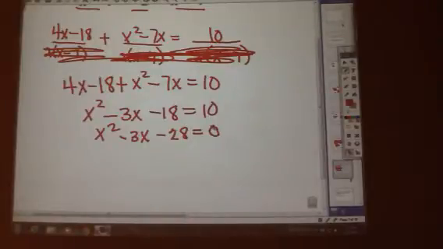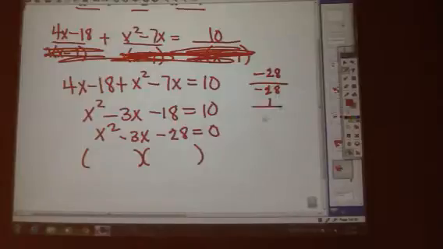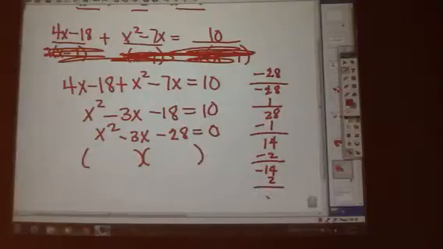I'm going to have to factor negative 28 to get my factors. I would find all the factors of negative 28, which will be negative 28 and positive 1. Positive 28 and negative 1. What else? 14 and negative 2. Negative 14 and positive 2. 4 and 7. 7 and negative 4.